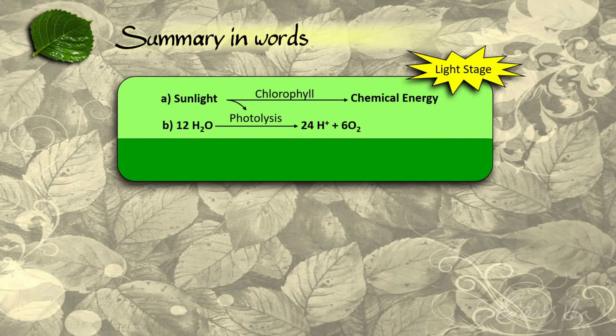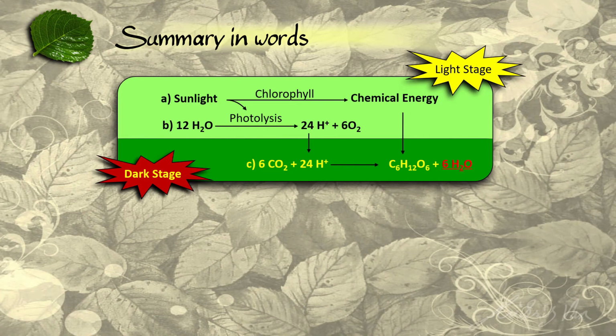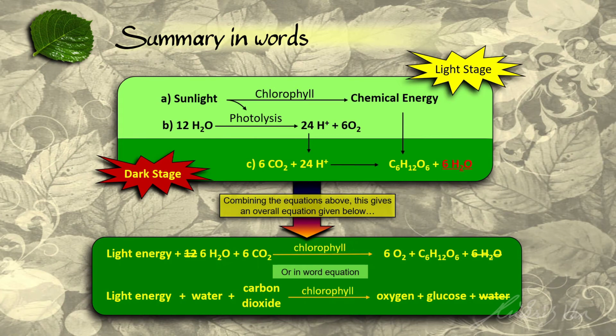The oxygen molecules is released while the hydrogen ion as well as chemical energy is needed for the dark stage. So during the dark stage, hydrogen ion is used to reduce carbon dioxide, and this will give us glucose. And to combine these two equations together, we'll get the equation below.